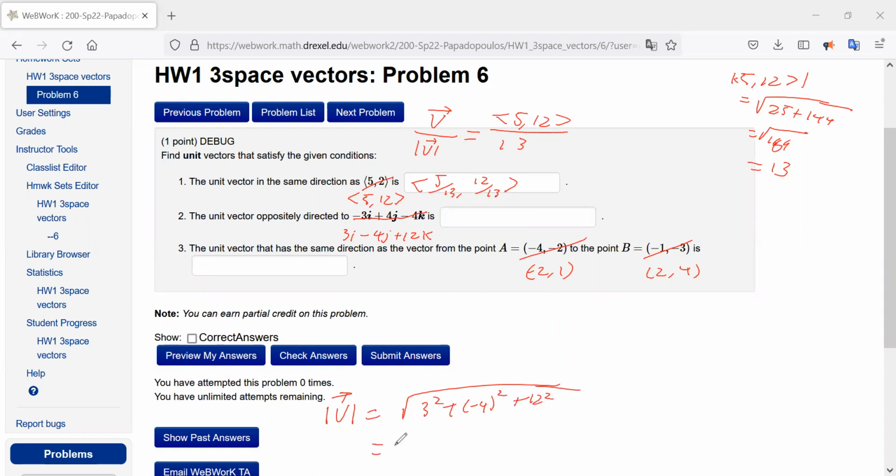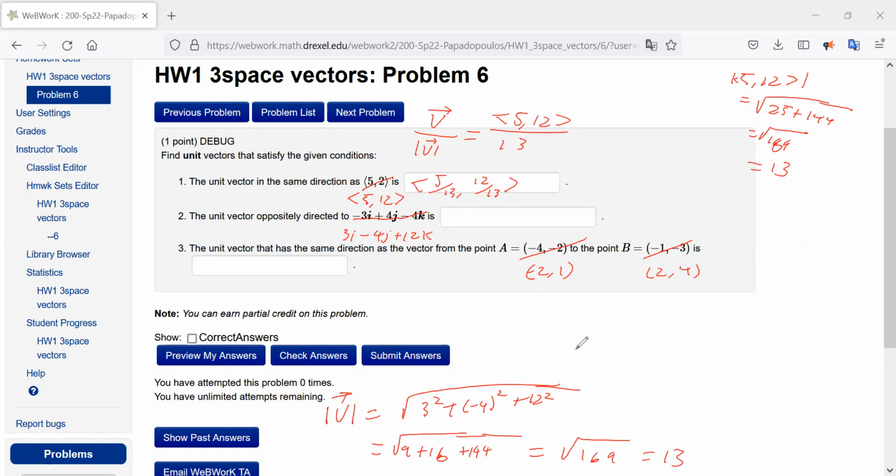So that's equal to the square root of 9 plus 16 plus 144. That is, again, the square root of 169, which is 13.